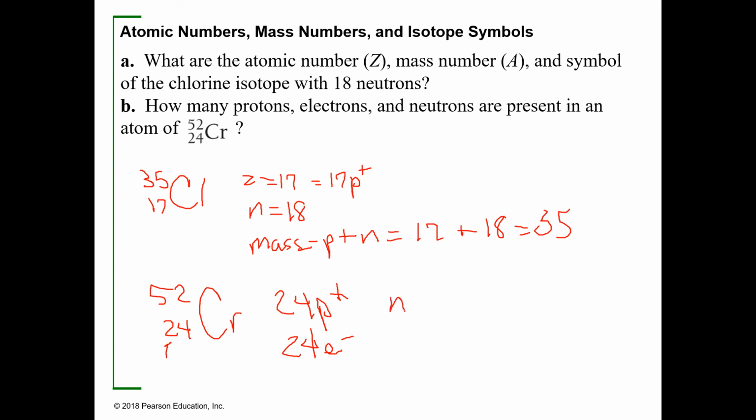And then my neutrons, I'm going to take the mass number, 52, and subtract 24. So I'll have 28 neutrons.